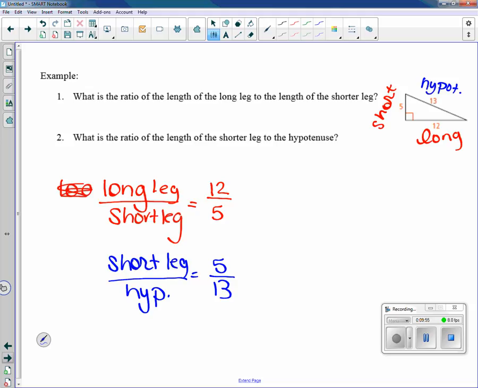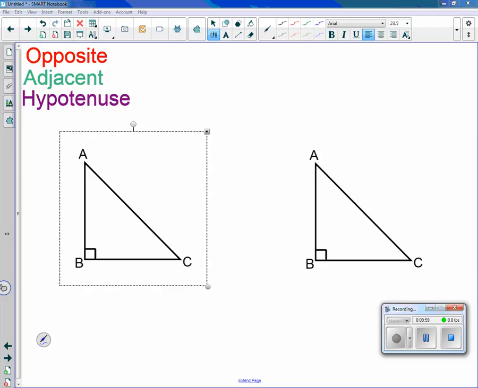Does everybody have this before I move on? Opposite, adjacent, and the hypotenuse. The opposite side is the side across from the angle that I am talking about. The adjacent side, what does adjacent mean?